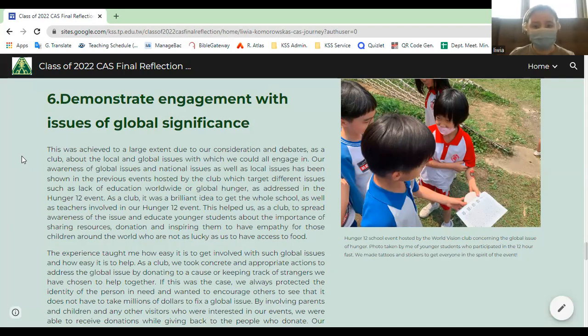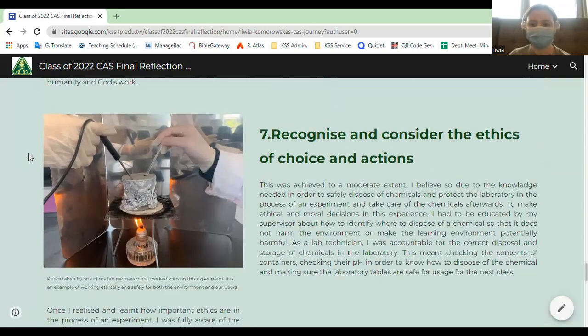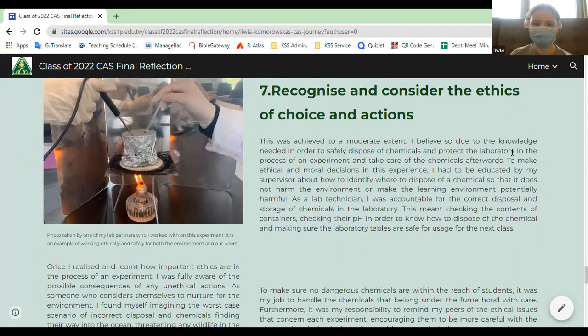And then for the seventh learning outcome, this was achieved through my experience as a lab technician because I had to be aware of the unethical actions that could come with, for example, disposal of chemicals or protecting my own safety during experiments and the other students as well. So I had to educate myself how to safely dispose of the chemicals, protect the lab, and handle chemicals.